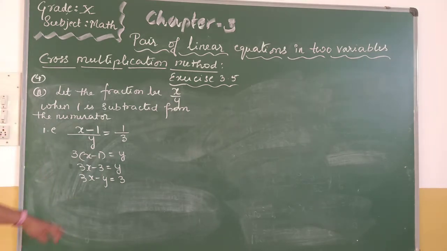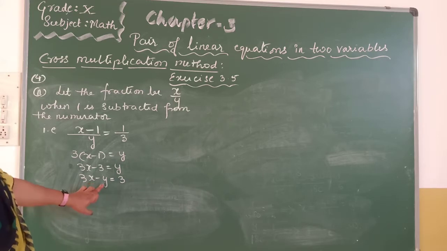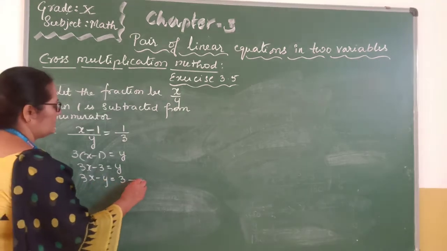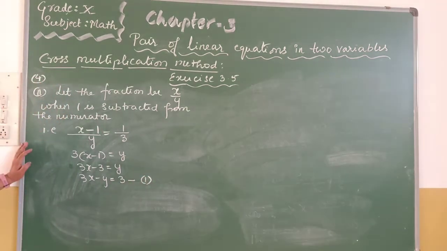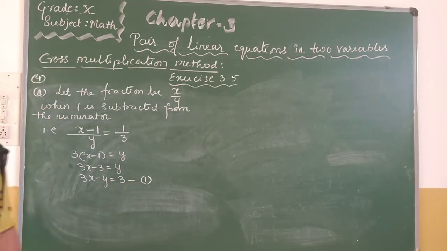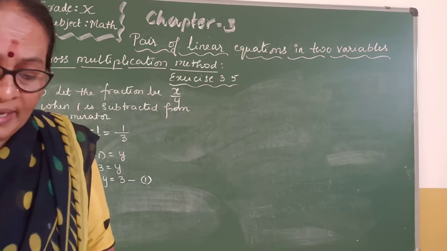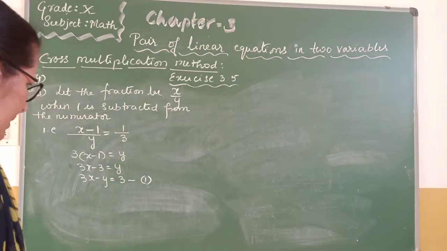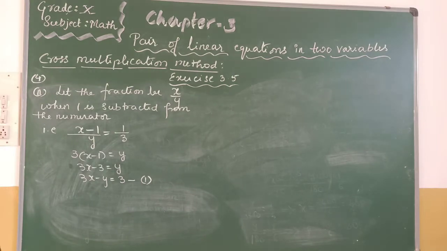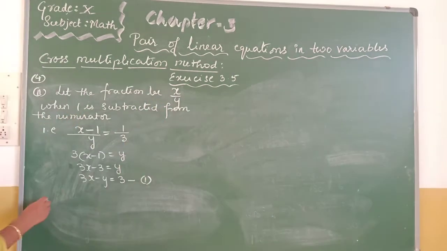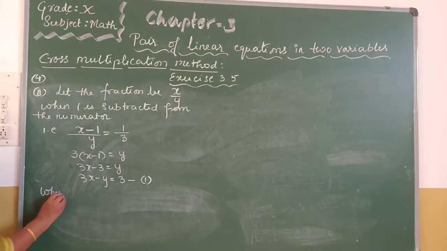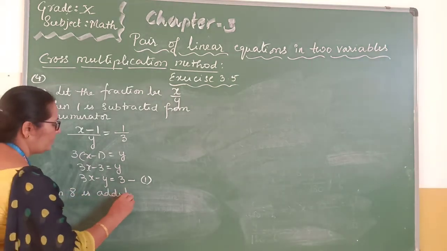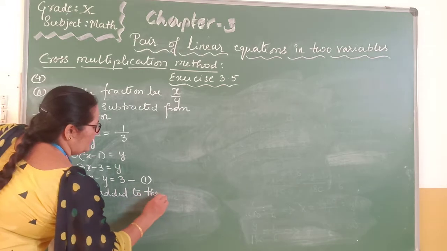See here, for 3x minus 3 equals y, you can write it in the standard form also. So take it as equation 1. Now the second condition is when 8 is added to the denominator.